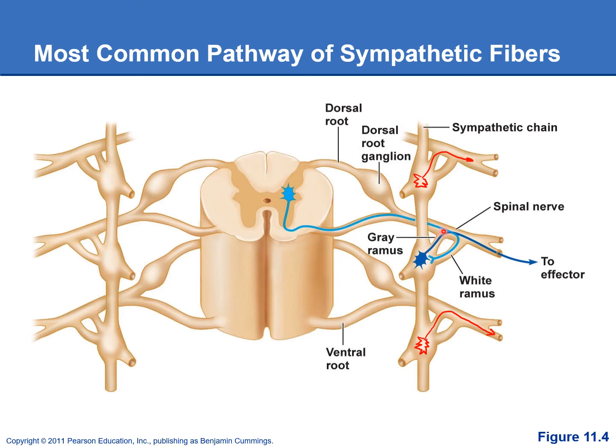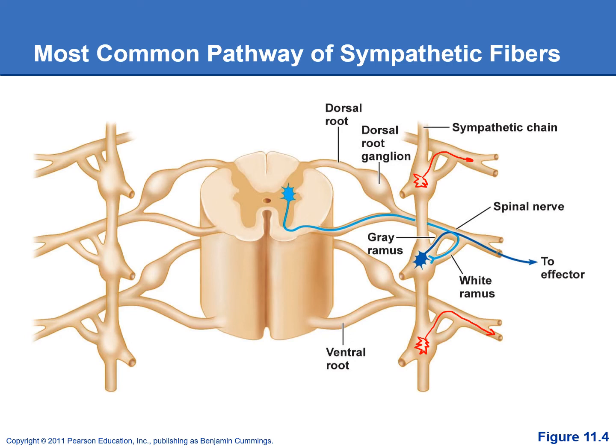And the gray ramus is gray in color because the postganglionic neuron is not myelinated. So it looks gray in color, and then it joins the spinal nerve and then will travel towards the effector organ and then synapse with the effector organ.